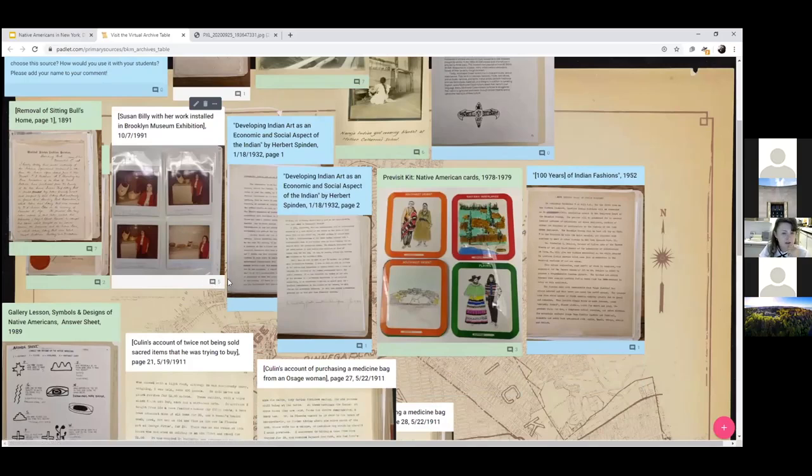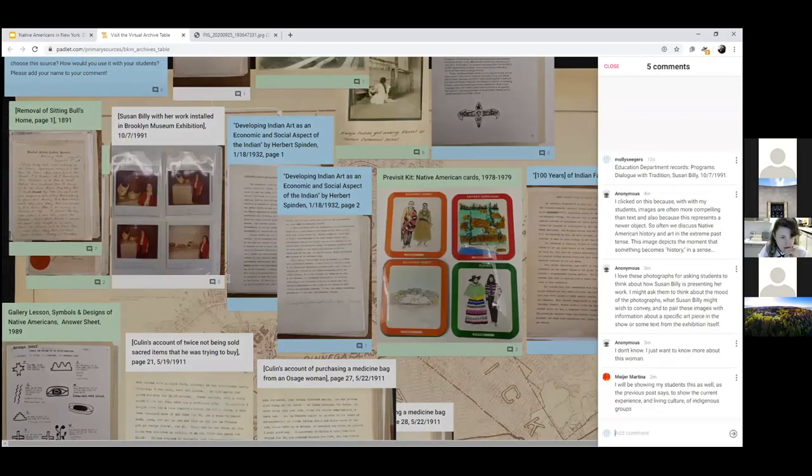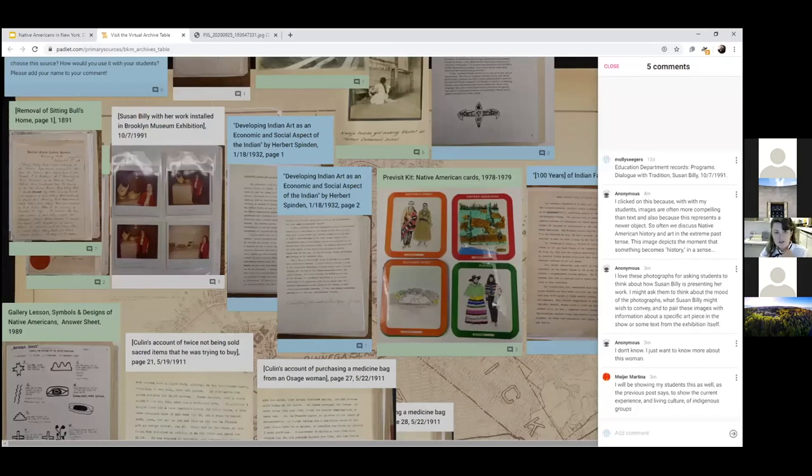Let me just pull out some comments. Susan Billy is an artist who was included. It's this image. And I just love these photographs, this series of photographs. She was an artist whose work was on display in a 1991 exhibition, A Dialogue with Tradition.